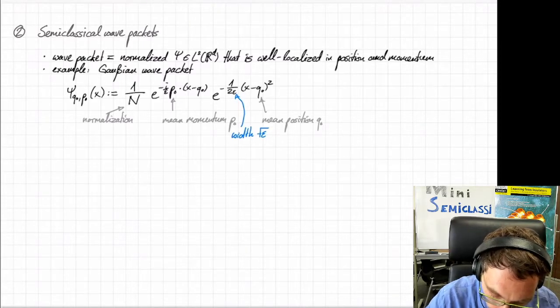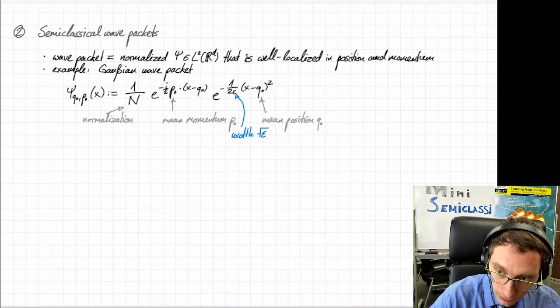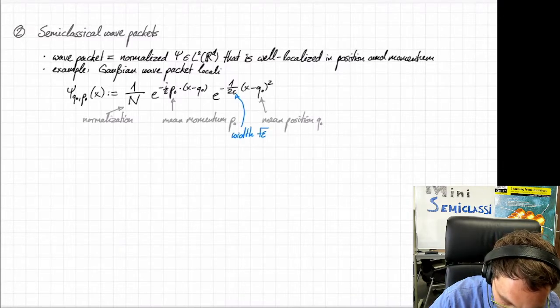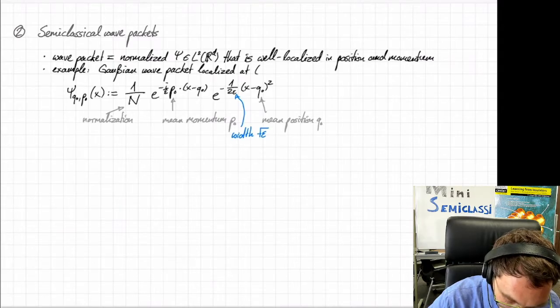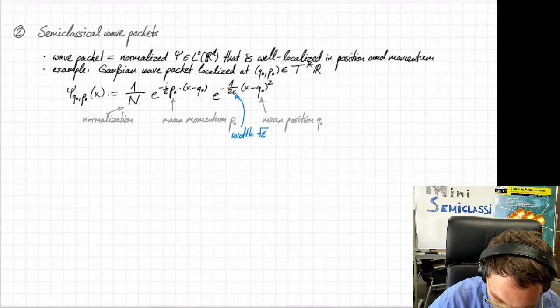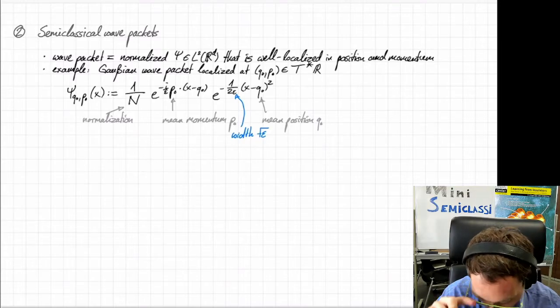So here, this Gaussian wave packet is localized at the point q naught, p naught in phase space. So for simplicity, I'm in one dimension here.